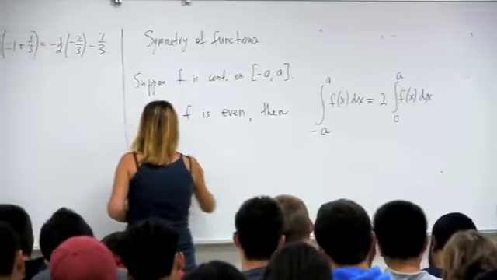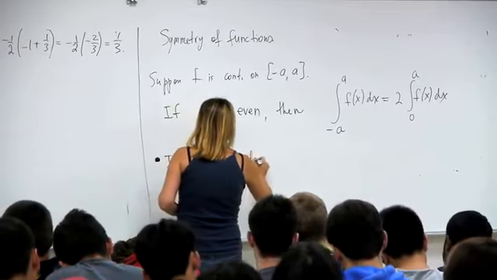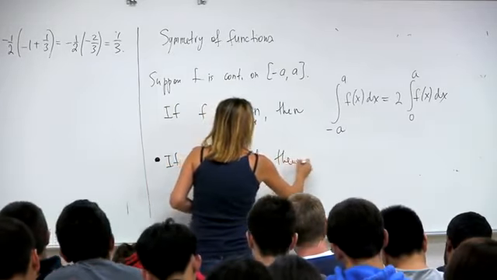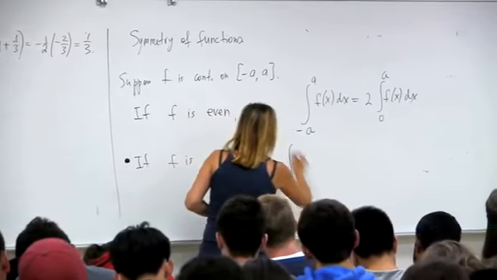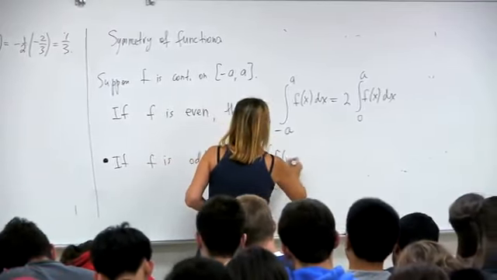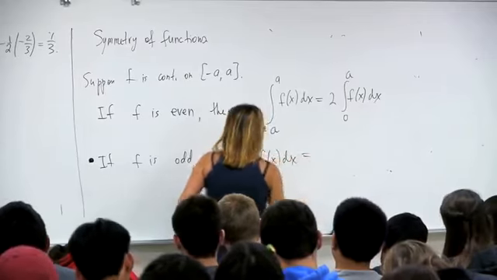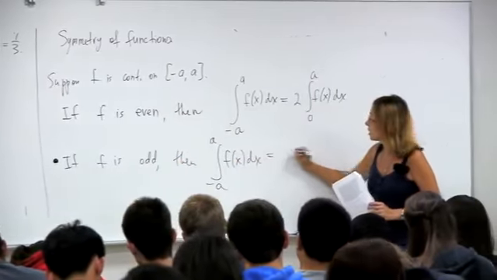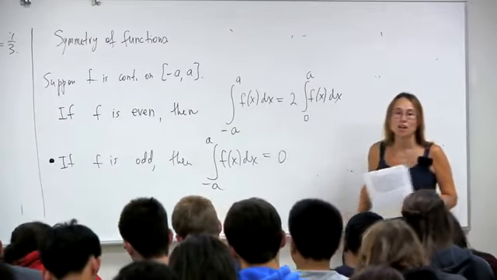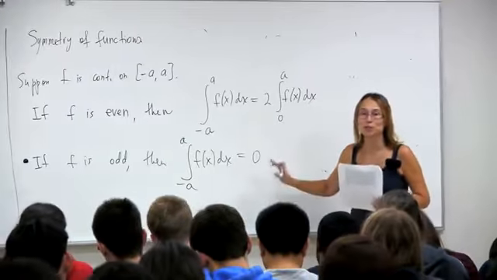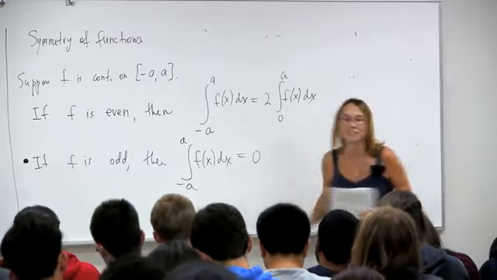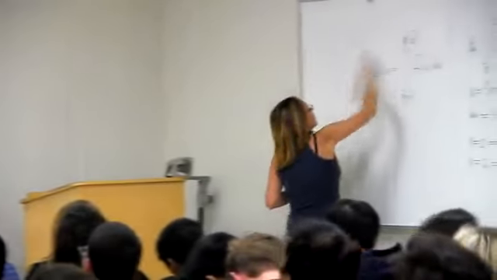And if f is odd, then the following rule holds: the integral from minus a to a of f of x dx is equal to 0. So if you know this rule and understand it, it simplifies a lot of integrals, and I'll show you what I'm talking about here.